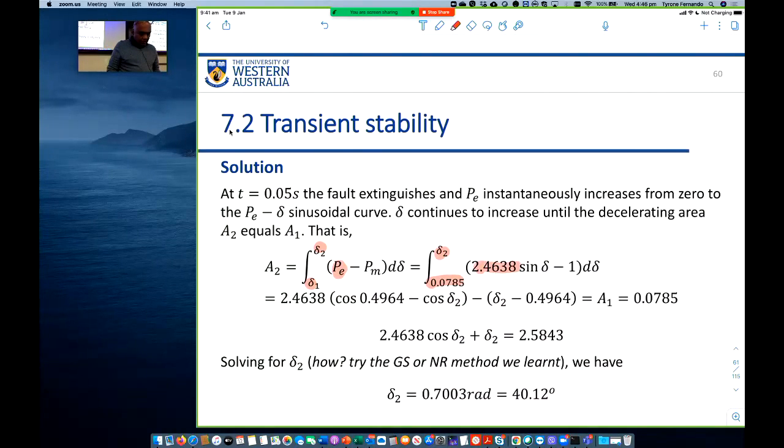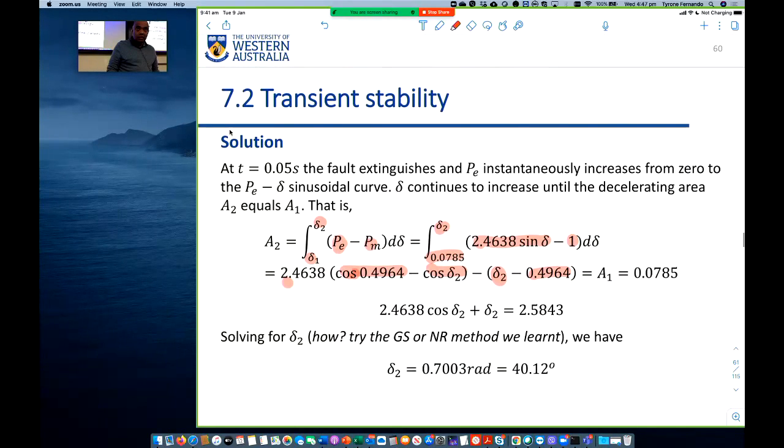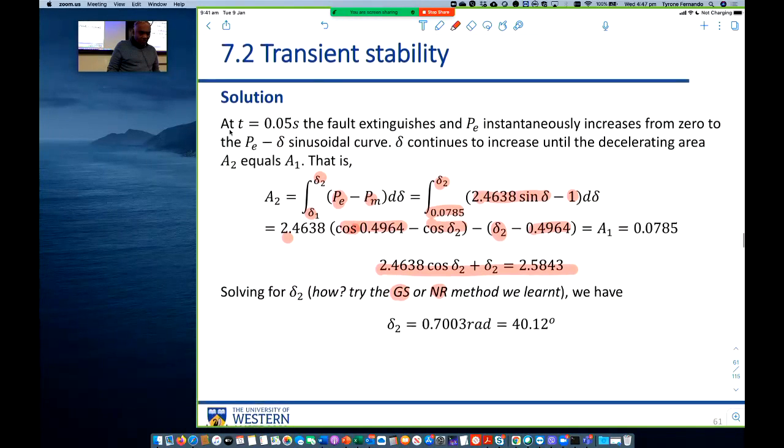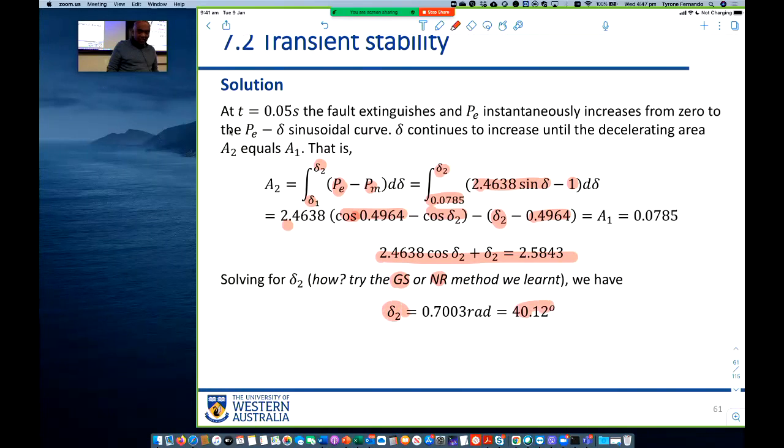PE is the equation of the sine curve, and PM is 1. You can do this simple integration: sine becomes cos, these are the cos terms, 1 is just a constant so it's simply delta. Then you have this nonlinear equation to solve, and you can use either Gauss-Seidel or Newton-Raphson to find delta, and you arrive at this equation.